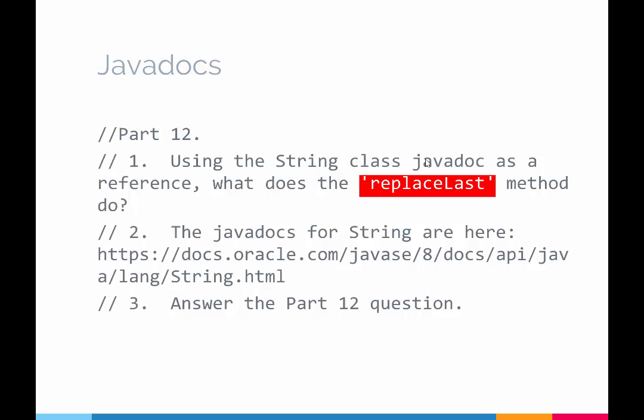So the answer should have been replaceLast does not exist as a method on a string. And you need to be able to traverse those docs. Okay, you need to be able to look at them for reference. I've been doing it in class. Maybe I haven't been doing it enough.